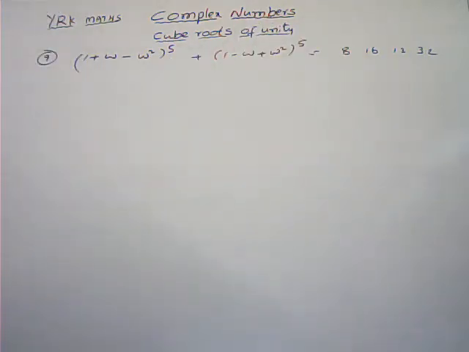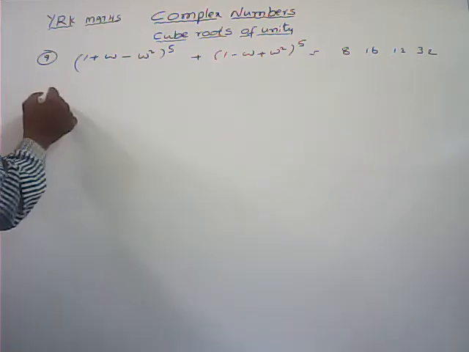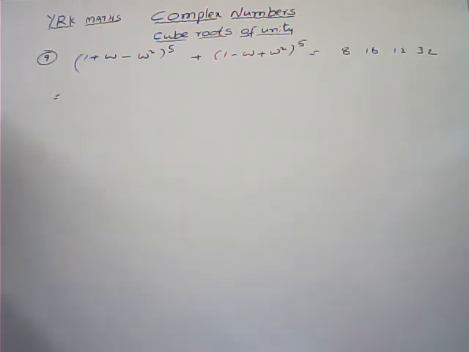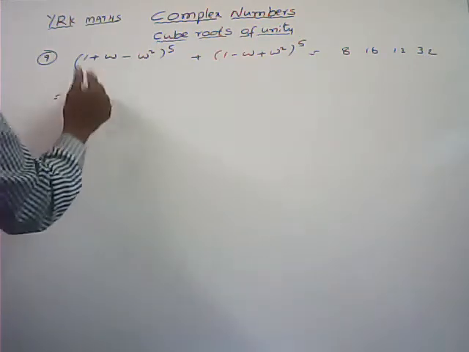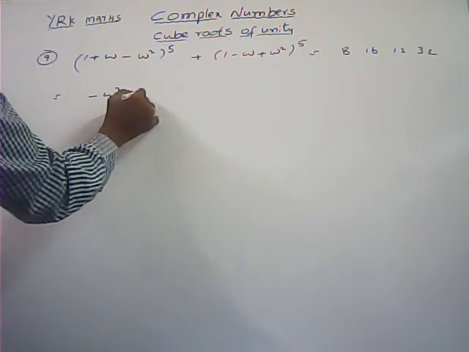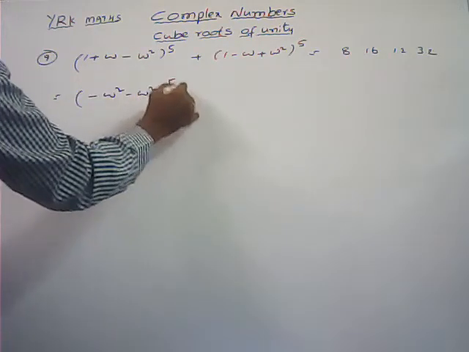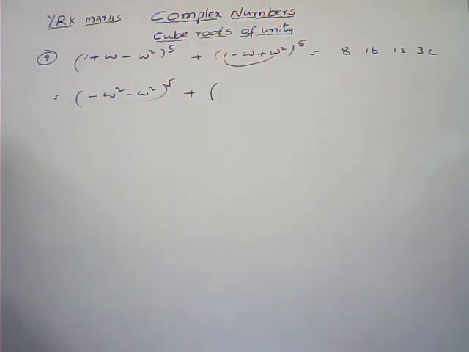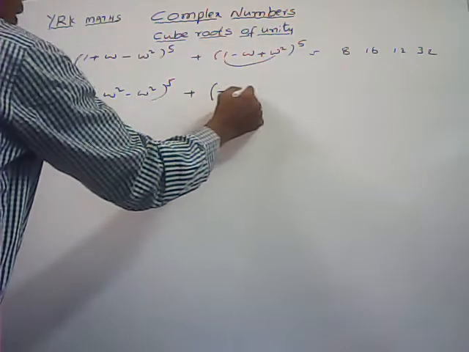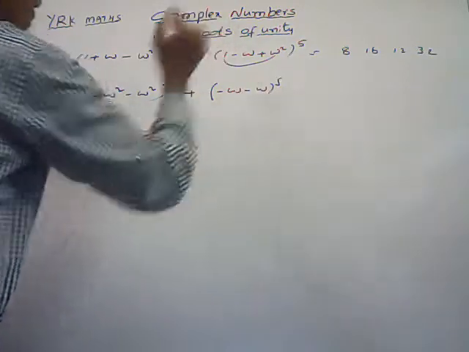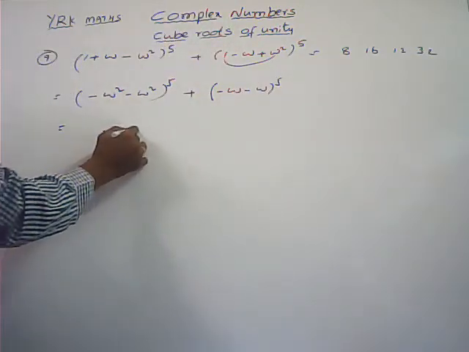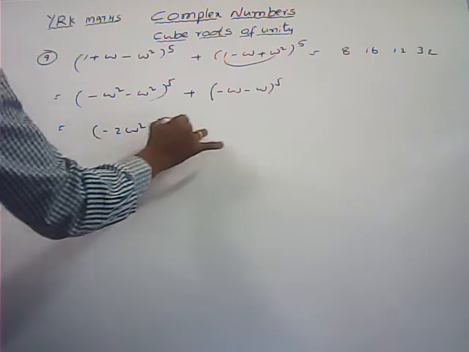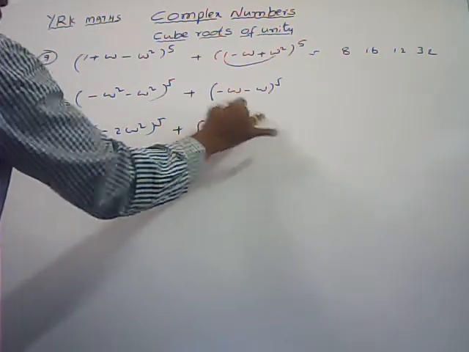Now here everywhere we are using the same properties, 1 plus omega square is equal to 0. 1 plus omega, that is equal to minus omega square whole power 5 plus, if I write these two terms side by side, 1 plus omega square, that is minus omega whole power 5, that is minus 2 omega square whole power 5 plus minus 2 omega whole power 5.